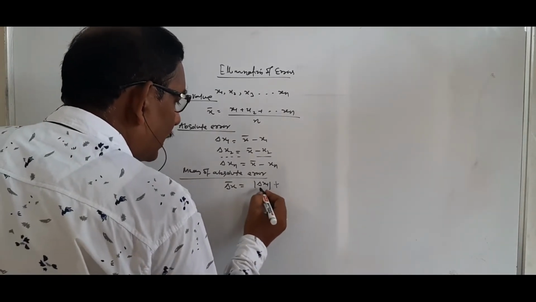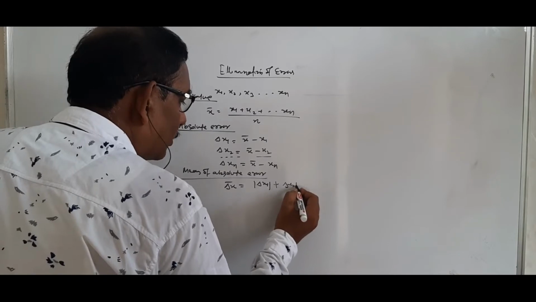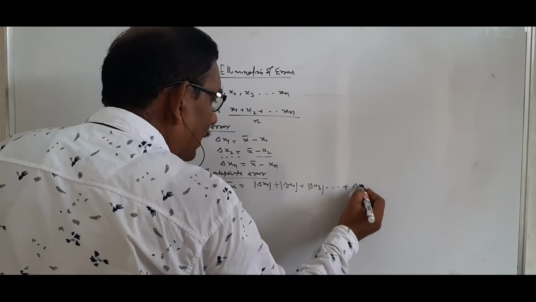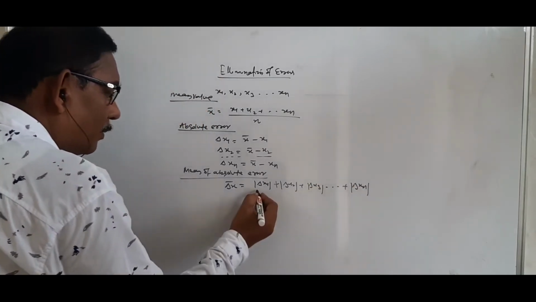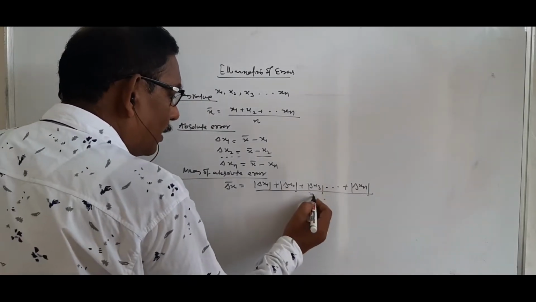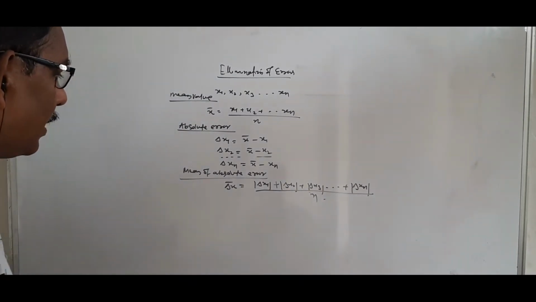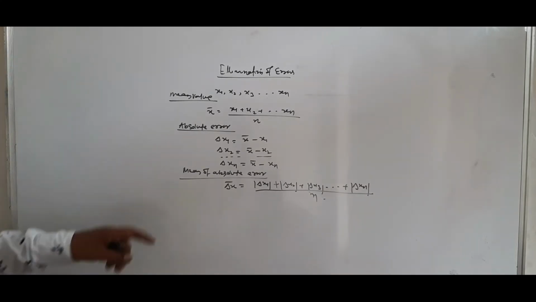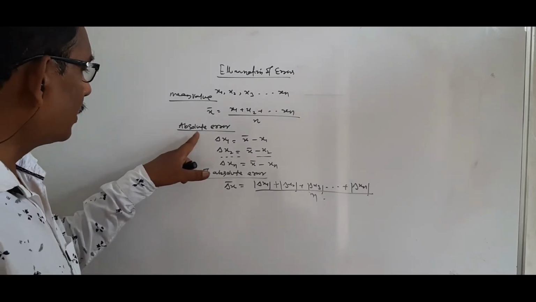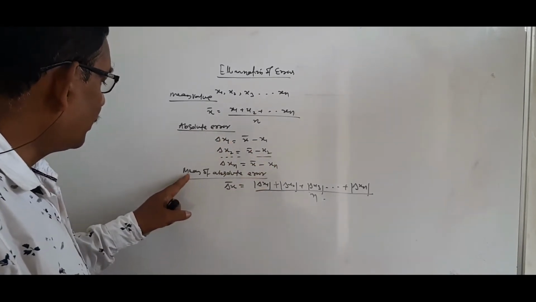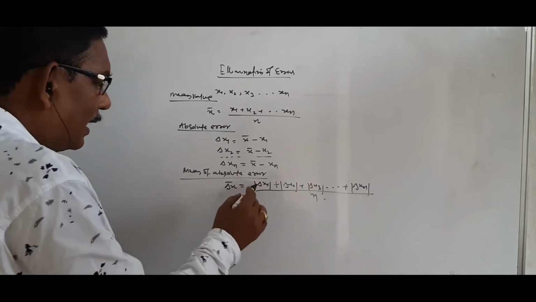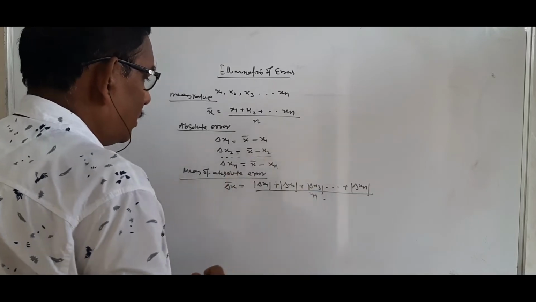So delta x1, delta x2, delta x3 up to delta xn, the absolute values, divided by n. In this way, you calculate the mean of absolute error. You take the modulus of each observation. Clear?